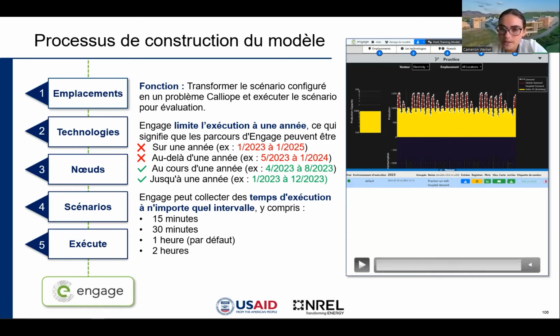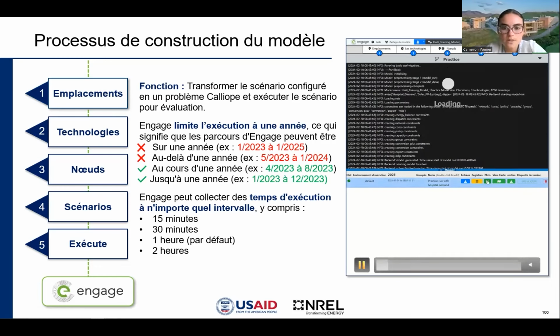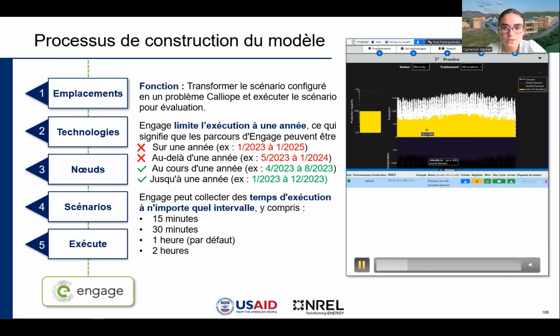And you can zoom in and explore this dispatch profile by zooming into different time periods within the run, as you can see the modeler is doing in the video.